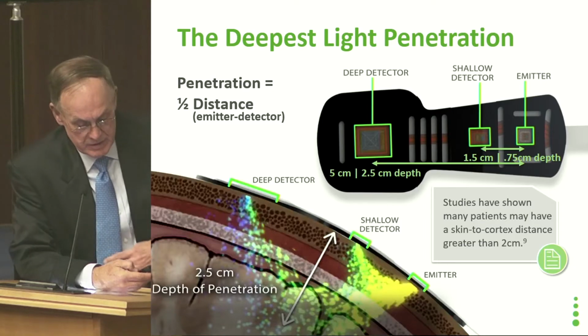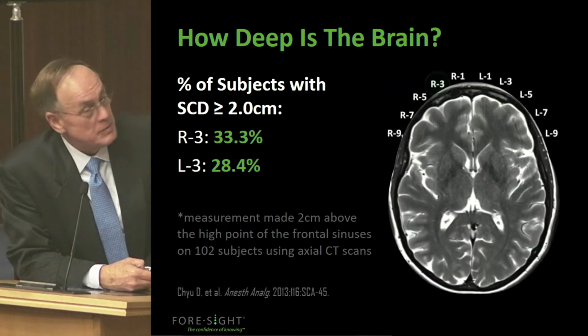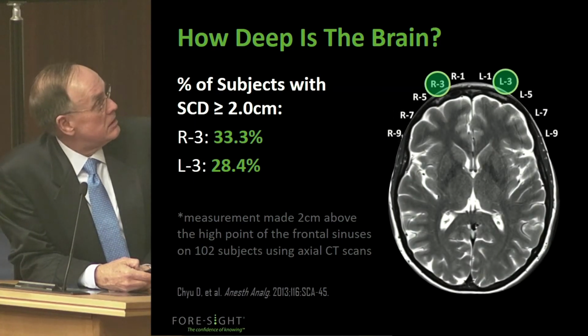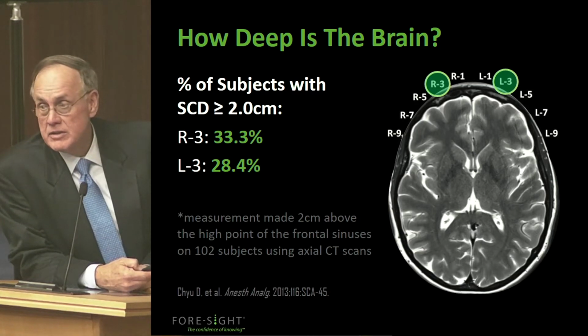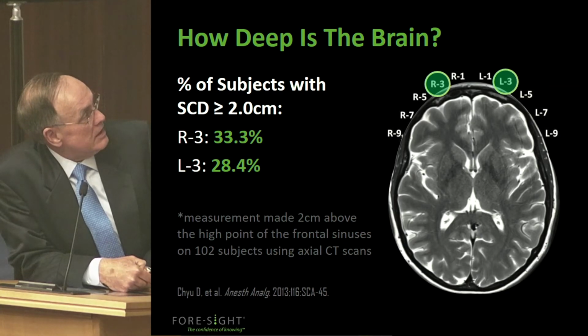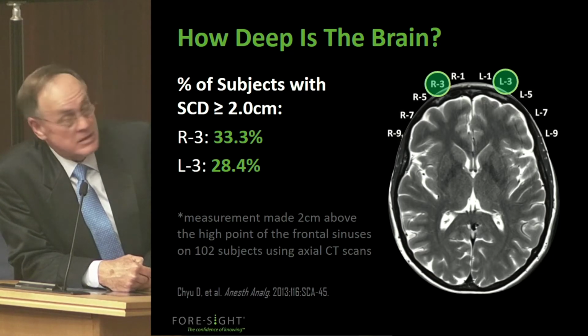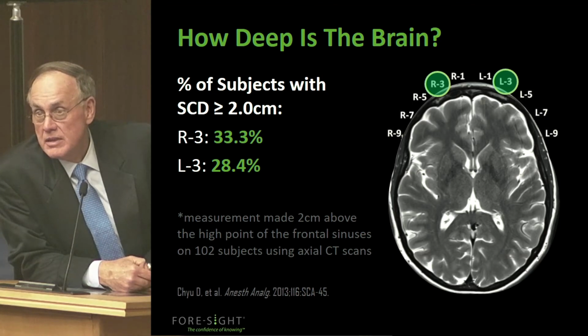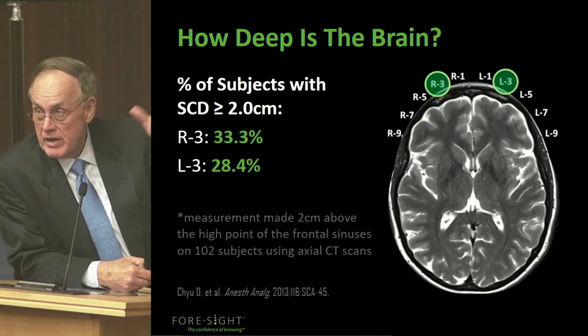Now, is that important? Well, yes, that's important because studies have shown that a significant number of patients actually have depth of the brain greater than 2 centimeters. So this was a study that was done using CT scans, measuring at R3 and L3, and you can see that for a significant percentage of the patients, the distance from the skin to their brain was more than 2 centimeters.